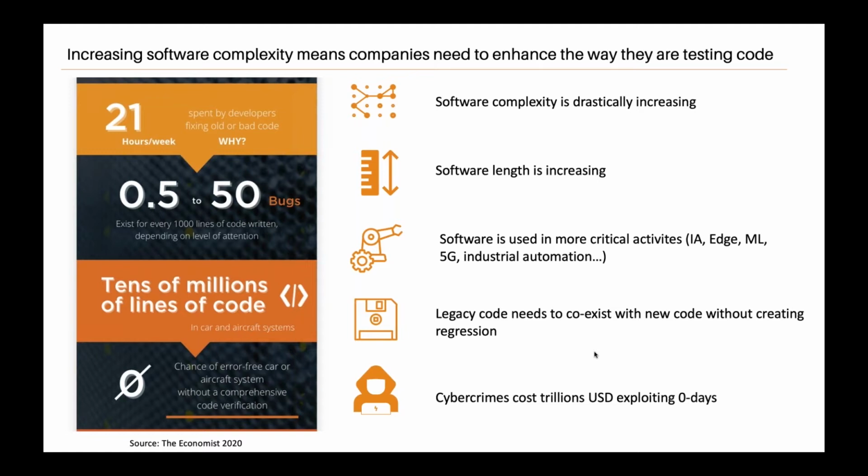And of course, I'm not going to teach you anything here, but there are increasing amounts of attacks and cyber crimes that cost trillions of dollars, and most of them are exploiting existing zero days and vulnerabilities in the code.